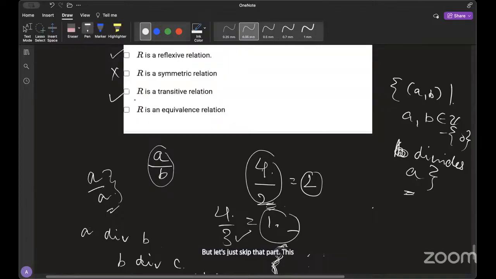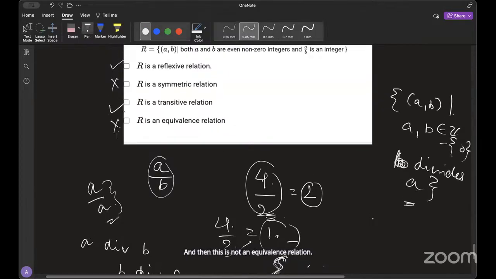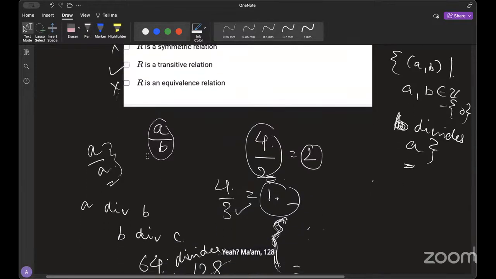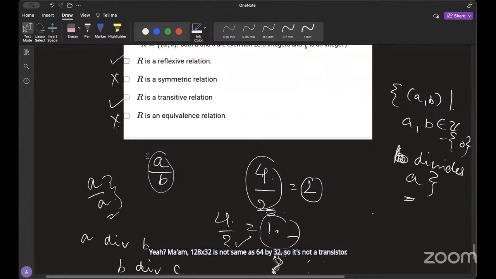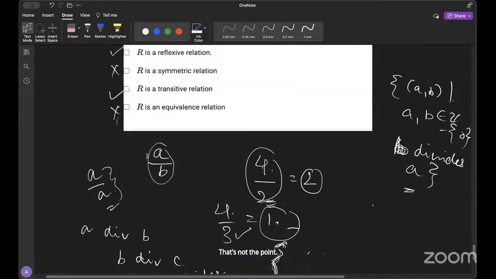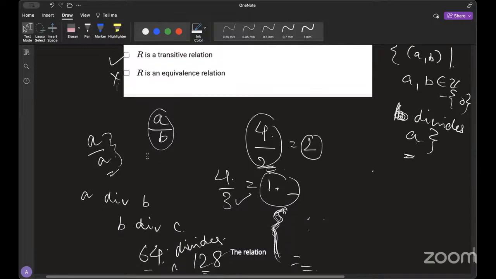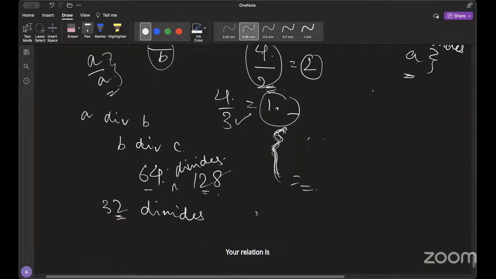This is correct. And then this is not an equivalence relation. Ma'am, 128 by 32 is not the same as 64 by 32, so it's not transitive. That's not the point. The relation defined here is: A is related to B if A divides B. That's all.